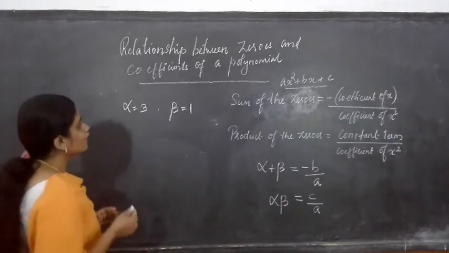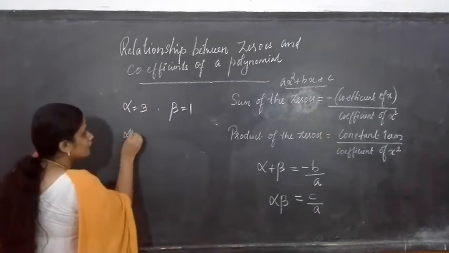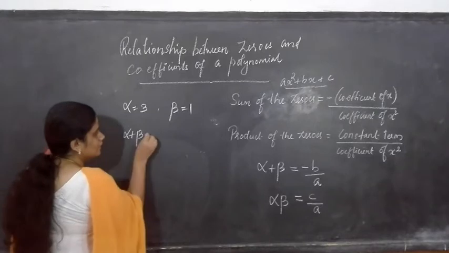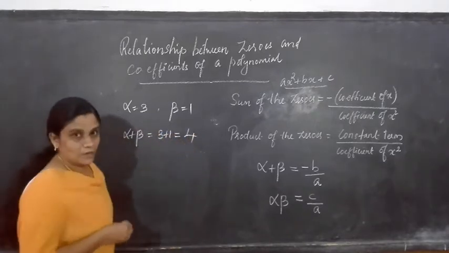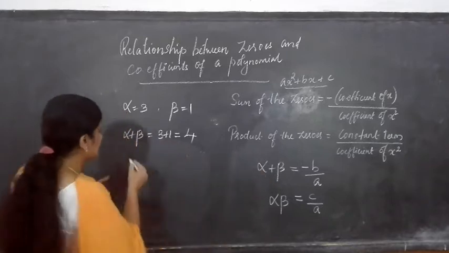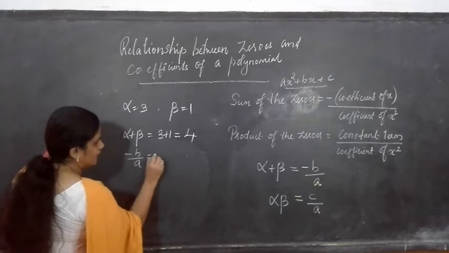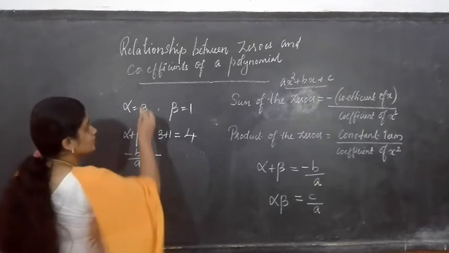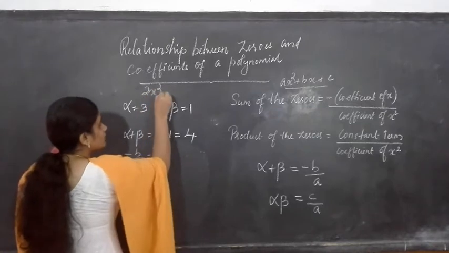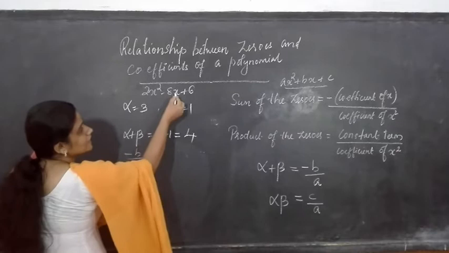Now we are going to verify this condition. Alpha plus beta: 3 plus 1 is equal to 4. Now, let us consider negative b by a. The quadratic polynomial was 2x square minus 8x plus 6. Here, what is b?